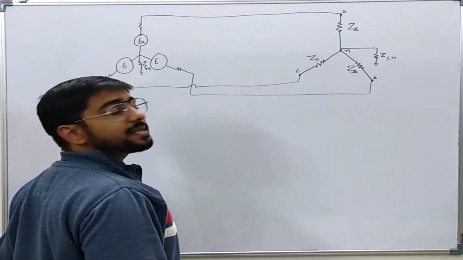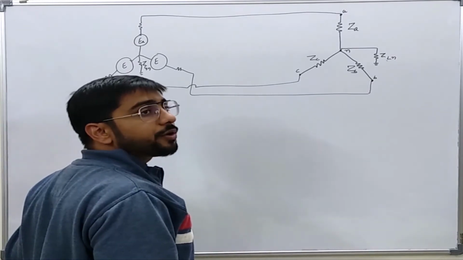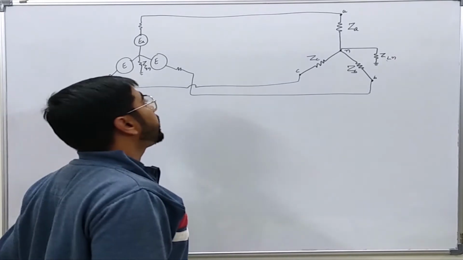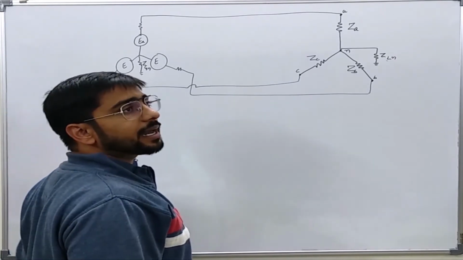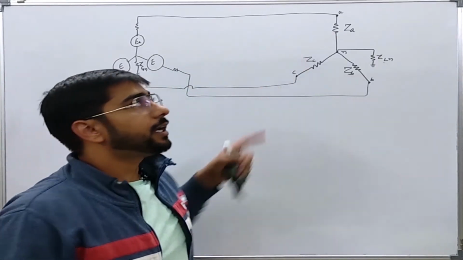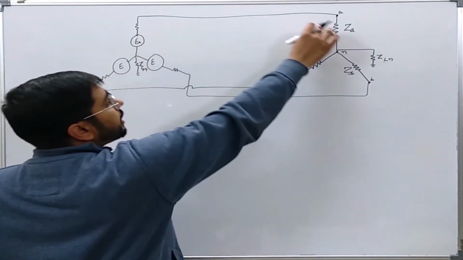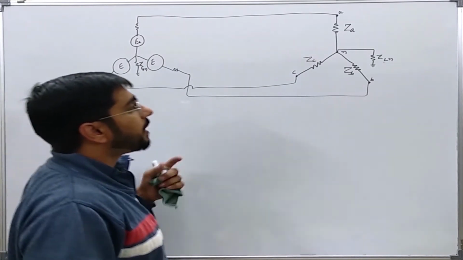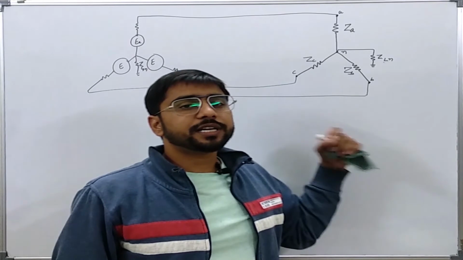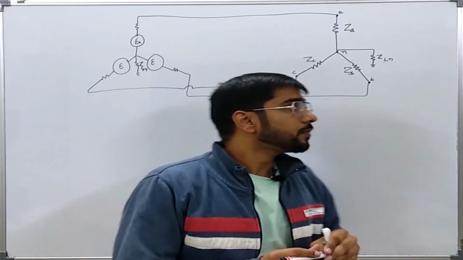Now we want to analyze such a scenario using sequence component theory or symmetrical component theory. We can analyze it using network theory directly just by writing KVL equations in each loop. But let us see how to do such a calculation using symmetrical components.